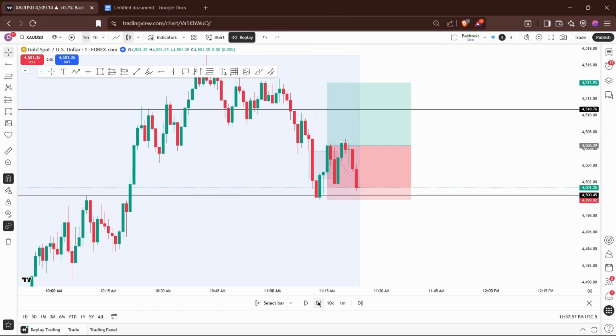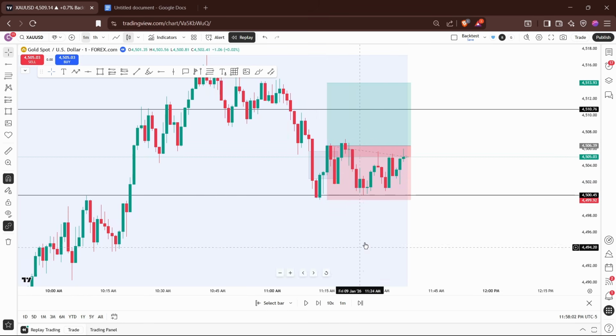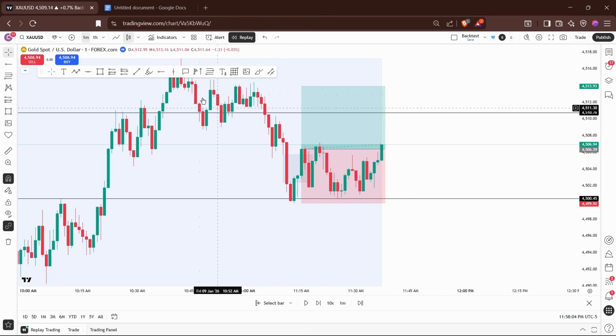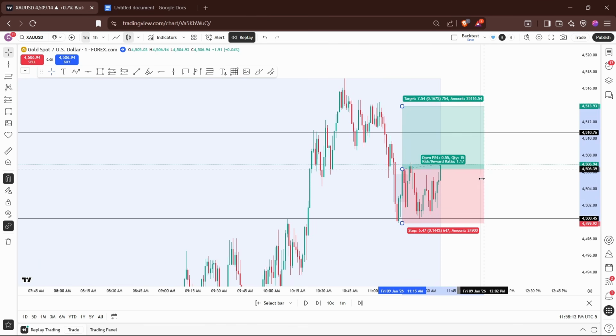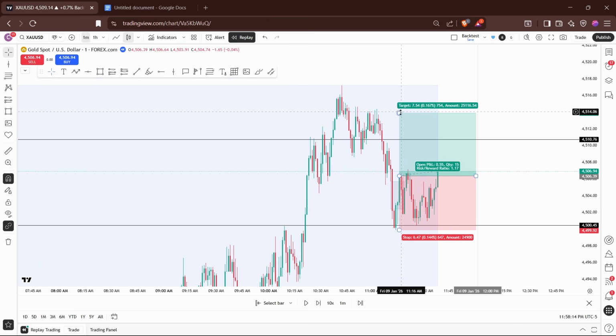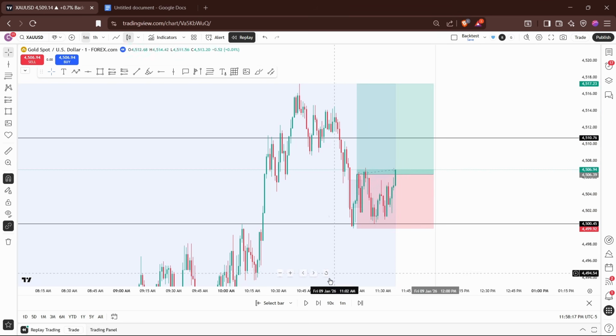Yeah, you can see we can look for the trade till 12 like this. After 12 you can close the trade, or you can put the trade into break even. Let's wait for the market.